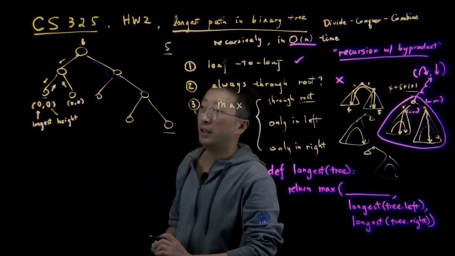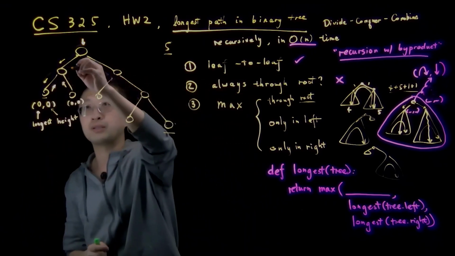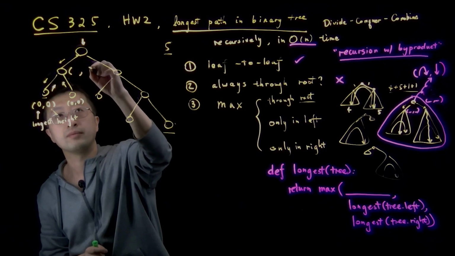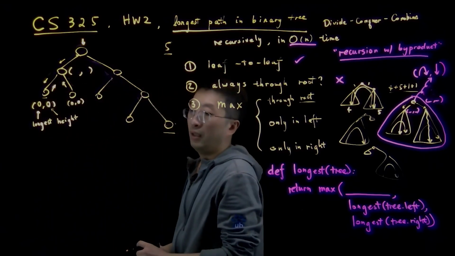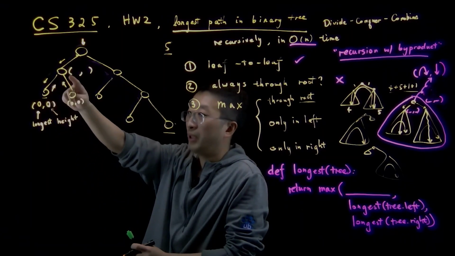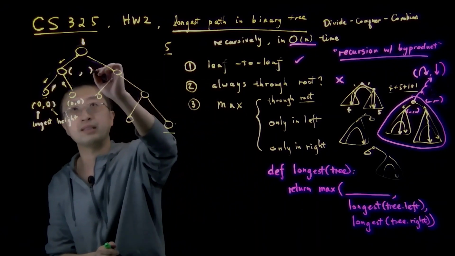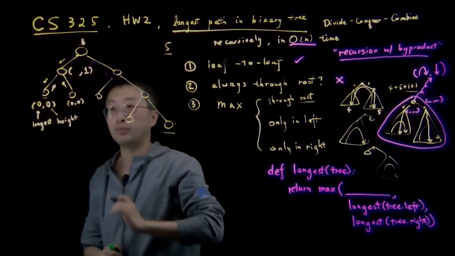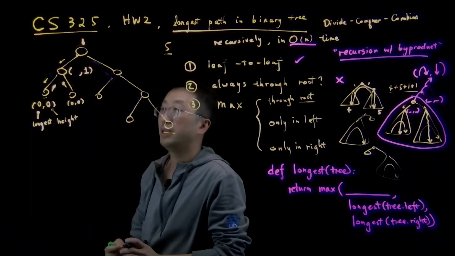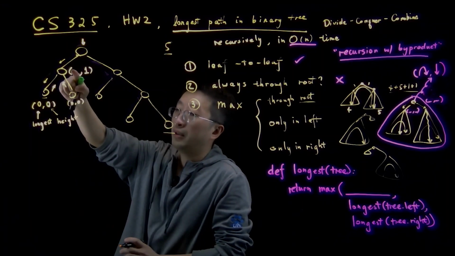Now, what will the two numbers for this node be? For the height, the max of the two plus 1 is 1, because the two children are of the same height. But what number do you report for the longest?